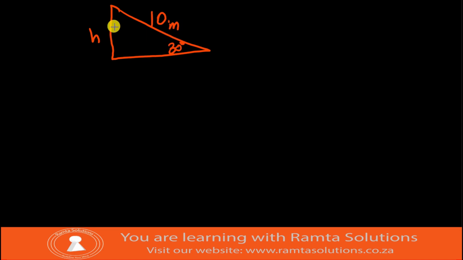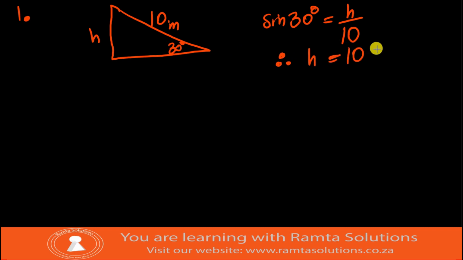So you need to know what your height is, and the height is opposite to the angle. So what is your height? Basically you're saying sine 30 degrees is equal to height over 10. This therefore implies, by the way, it's number 1, height is equal to 10 sine 30 degrees.